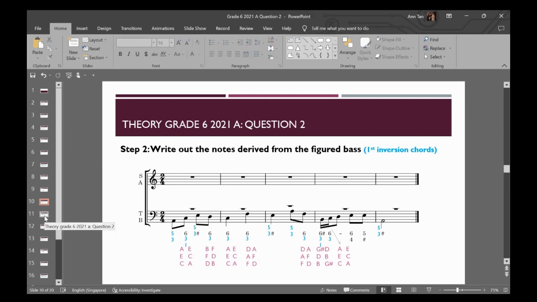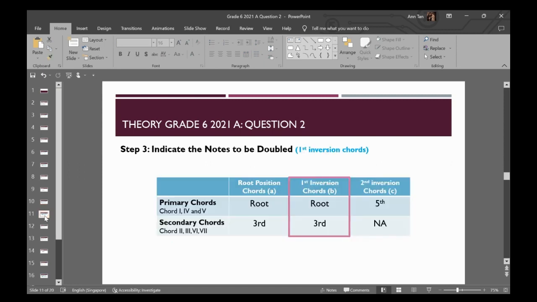So that it's easy for us to know which are the notes to double. For first inversion chords, we have to be careful because if it's a primary chord, we double the root. And if it's a secondary chord, we double the third. And in this question, we now see that there are some secondary chords, so we have to double the third of the chord. So let's take a look.